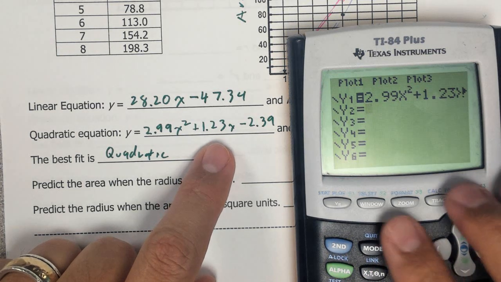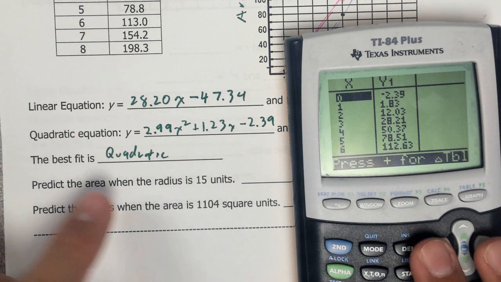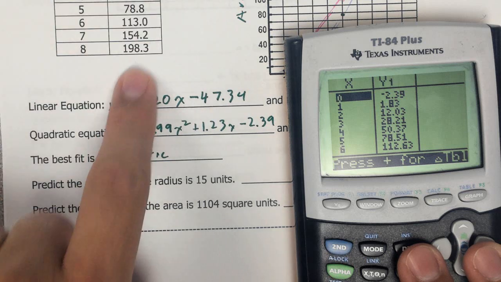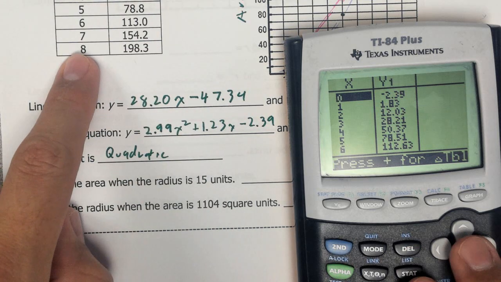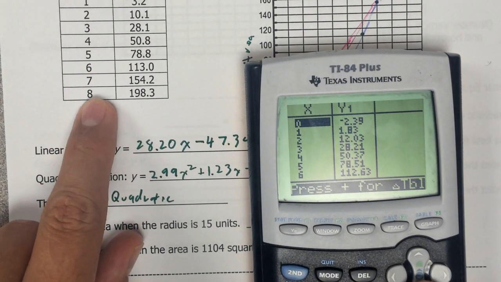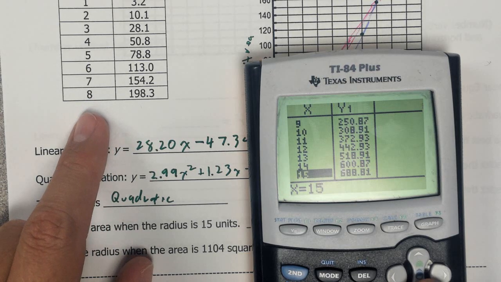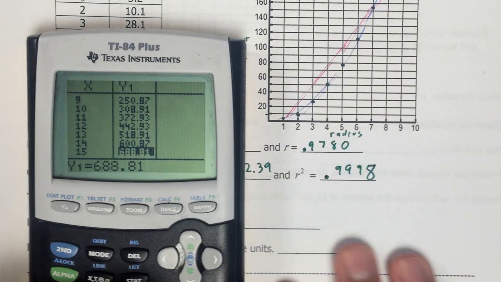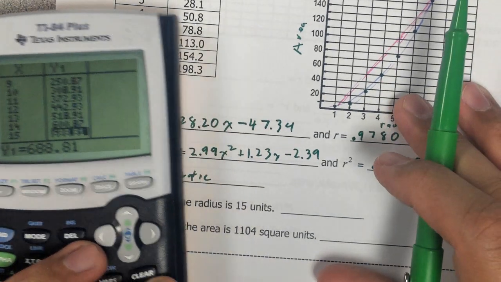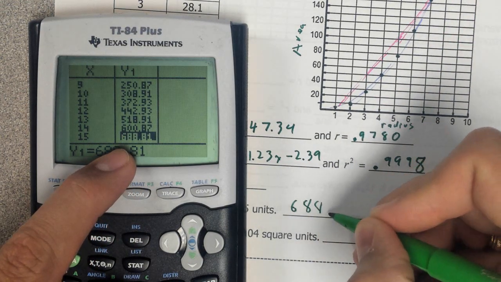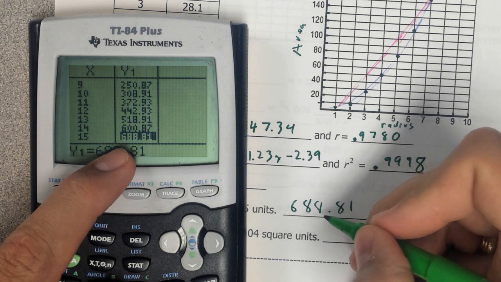Enter. And then I'm going to look at the table. Predict the area. The area is on the right when the radius is 15. So I want 15 on the left. So I can predict it to be 688.81.